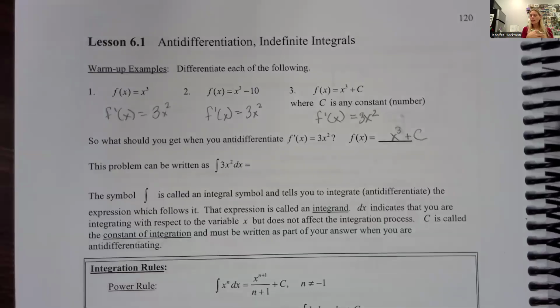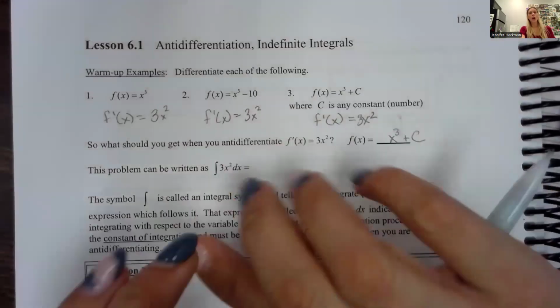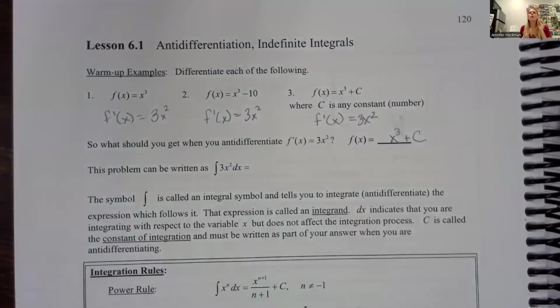So what you want to make sure that you are doing when you're doing indefinite integrals, in other words, there's no boundary, you're talking about any function, any place, you have to remember that a constant could be there at any time. And we don't know what that constant is at a particular moment.